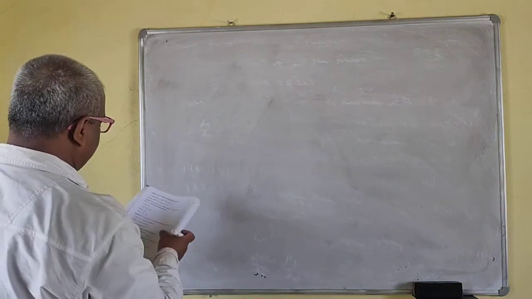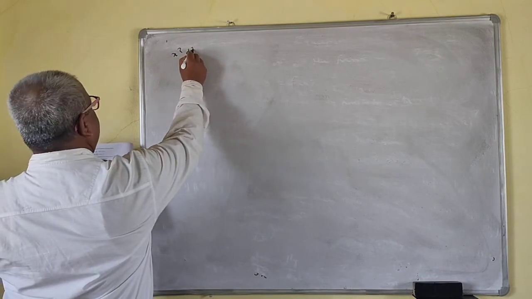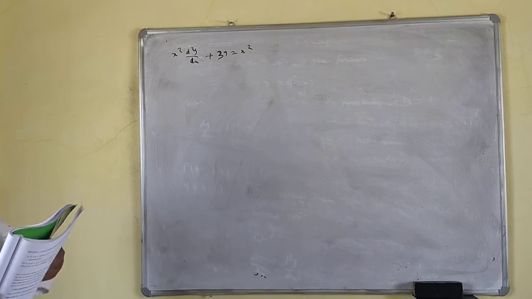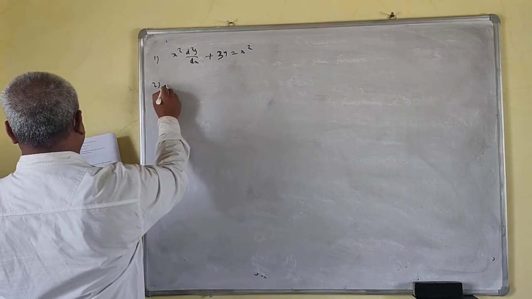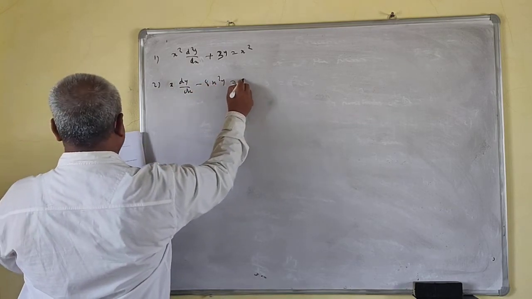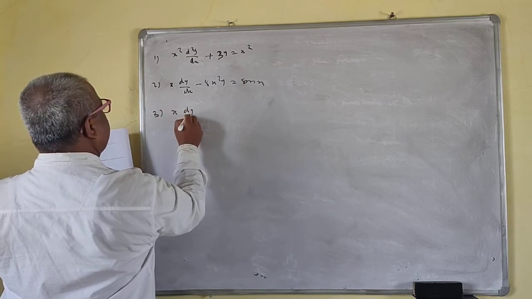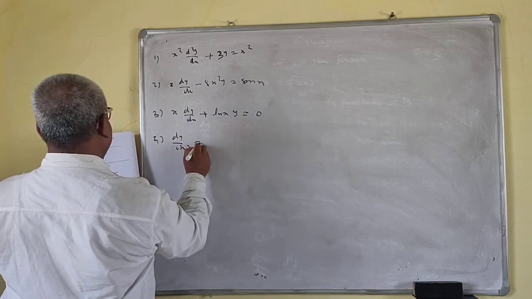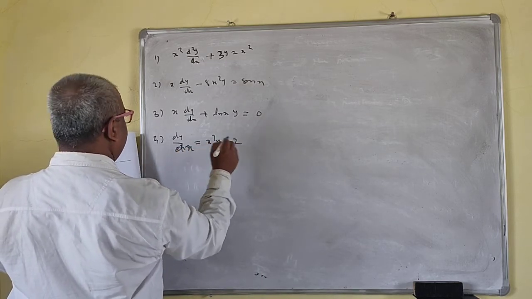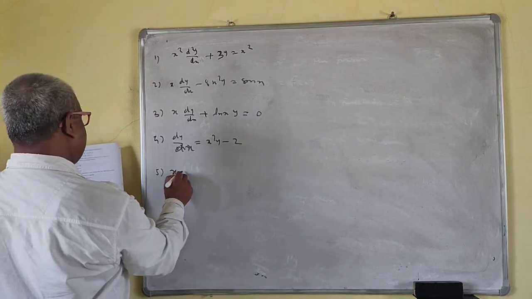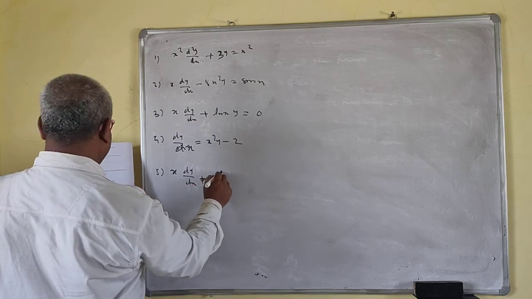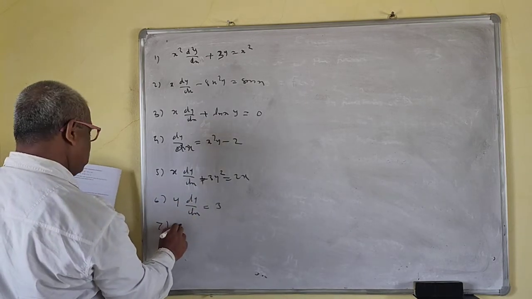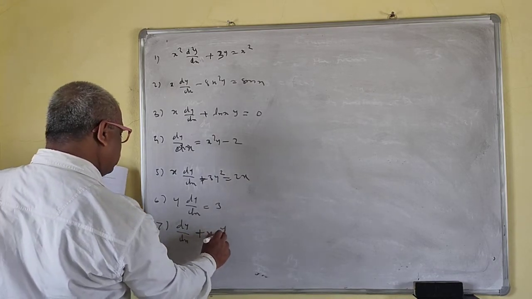Suppose we have: 1, x square dy/dx plus 3y is equal to x square. 2, x dy/dx minus 8x square y is equal to sin x. 3, x dy/dx plus ln x times y is equal to 0. 4, dy/dx is equal to x square y minus 2. 5, x dy/dx plus 3y square is equal to twice x. 6, y dy/dx is equal to 3. 7, dy/dx plus x e raised to y is equal to 12.